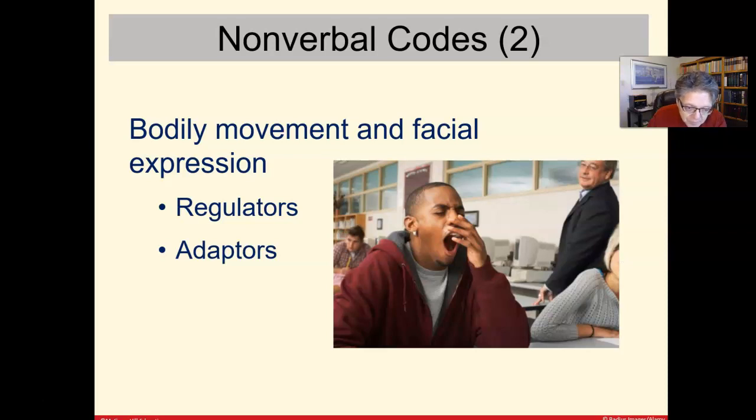In addition, bodily movement and facial expressions, really good points that he made in the presentation about the importance of eye contact and some of the facial expressions that we make. For example, I didn't really think about the pressing together of the lips, but the pressing together of lips, the furrowing of the eyebrows can give you an idea of what somebody's thinking, or somebody's questioning perhaps what you had to say.